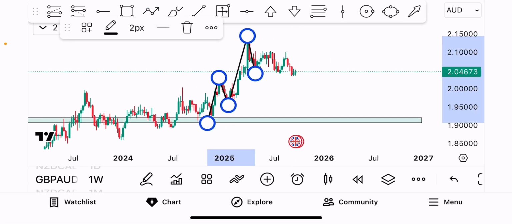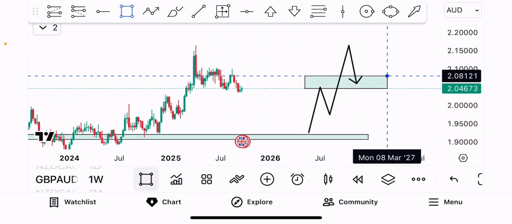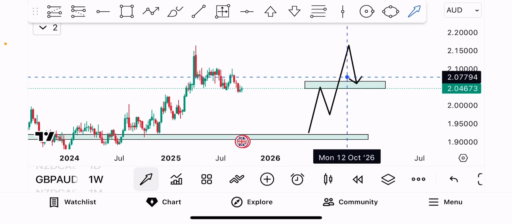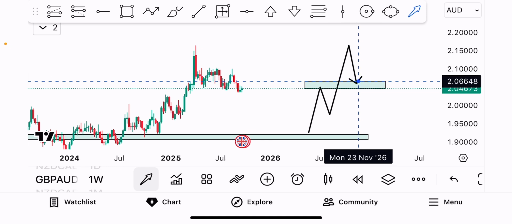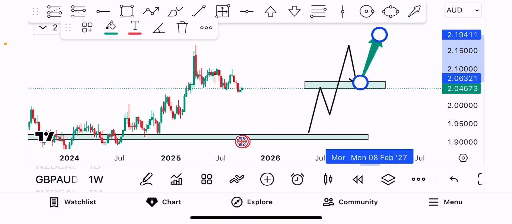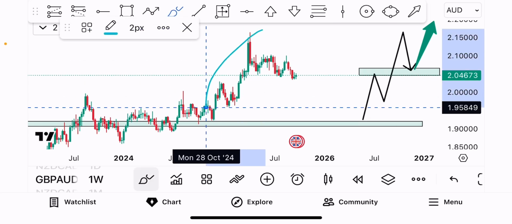So we are familiar with this pattern. If I shift it here, this is a break of structure, which is showing us that yes, price is trending, and from the higher low, which usually aligns with the previous high, from here we can anticipate a new high. That's exactly what we have here.